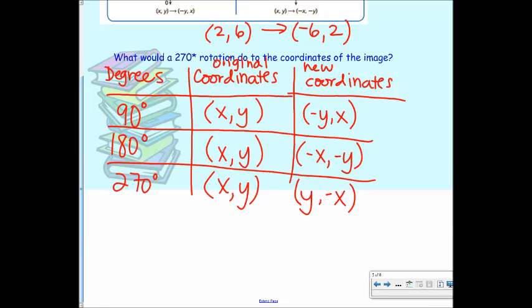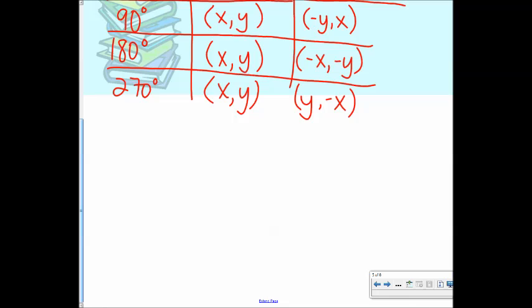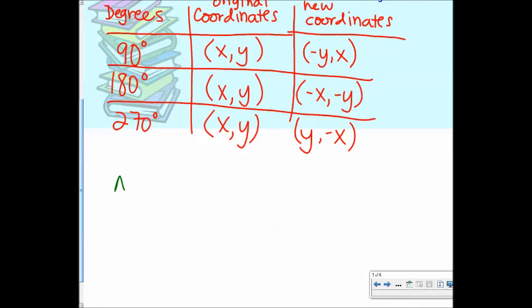So then, for example, we'll just do triangle ABC. I said this was 3, 5, 2, 1, and 6, 4. And I want to rotate it 270 degrees. That means I'm doing how many turns? 3 turns, okay.